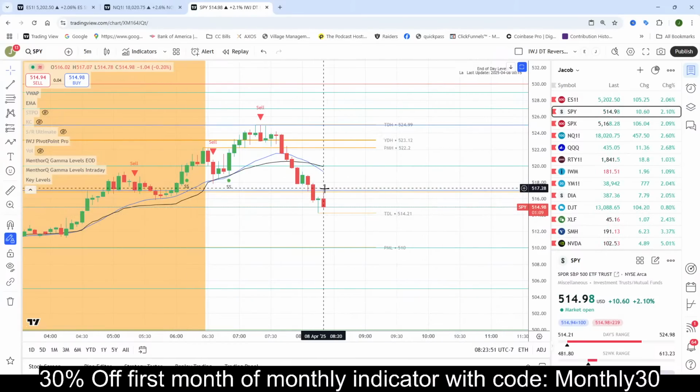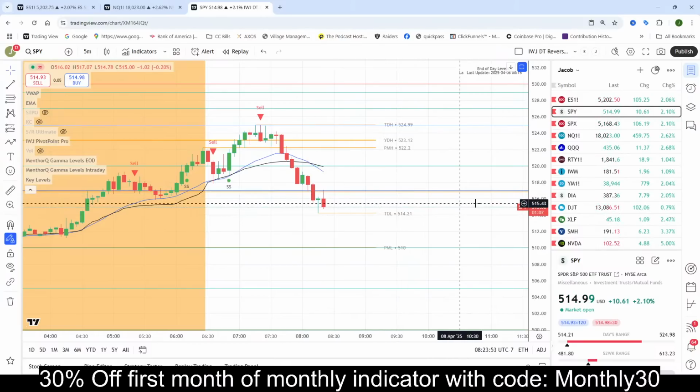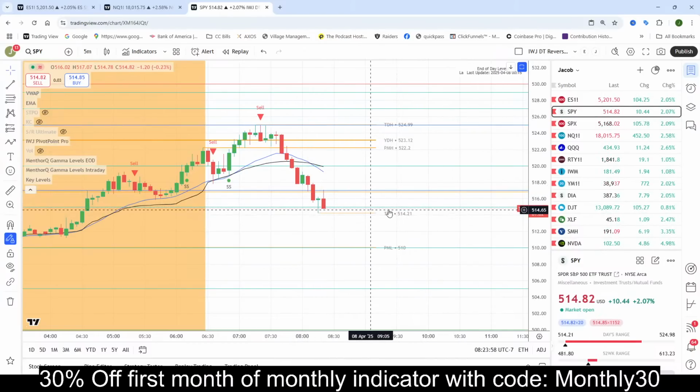Failed the back test here. Not a good sign yet for the bulls. They can still try to hold and go back up, but this is not typically what you want to see.